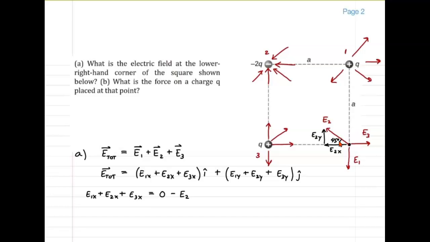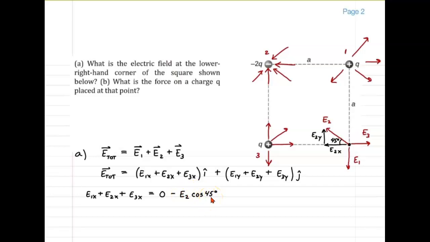And E2x is adjacent to this angle, so we're interested in cosine. Cosine 45 degrees. Okay, so right now we have E2x. E2 is the magnitude. The minus sign tells you it's going to the left. And then the cosine 45 gives you the x component of that magnitude.